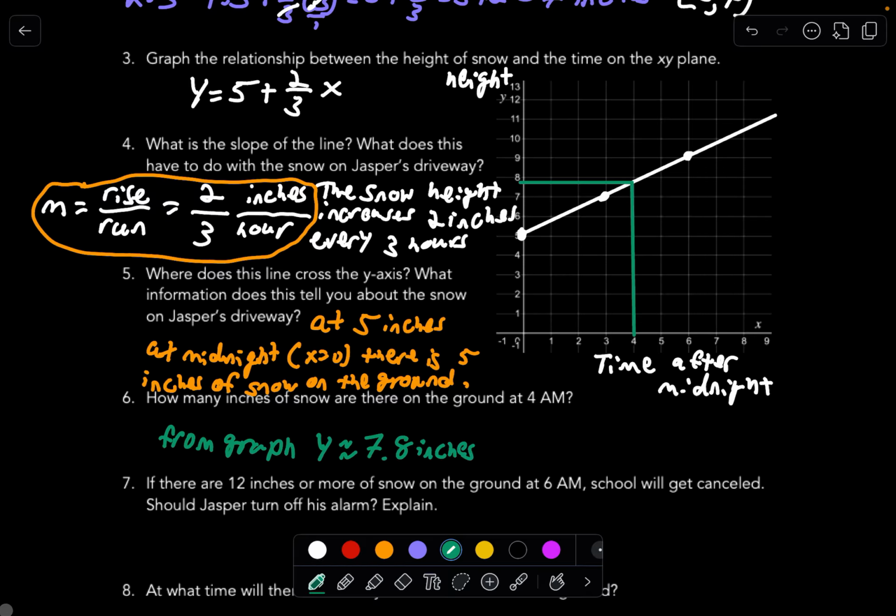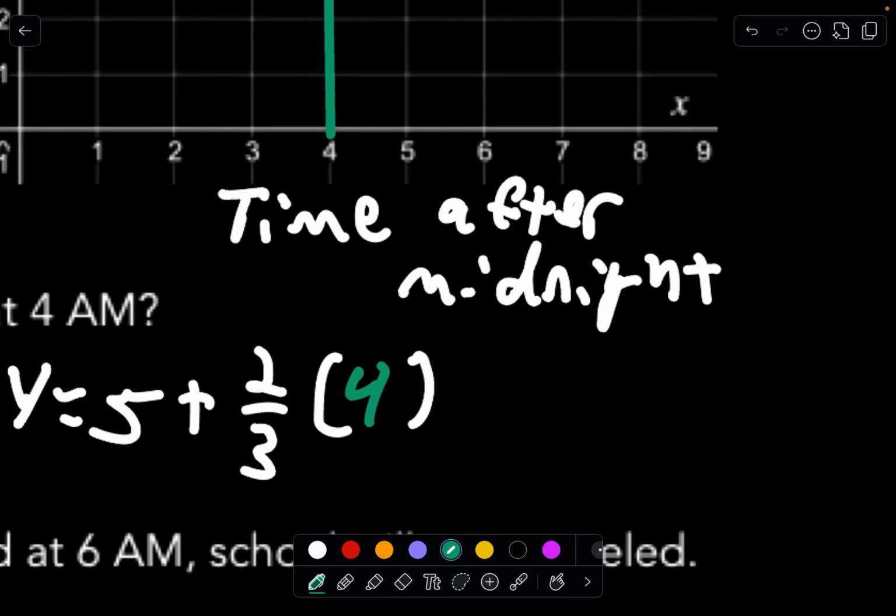Okay. But we could get the exact height because we know this. We know y equals 5 plus 2/3 x. And here, x again is going to be 4. So we could evaluate that.